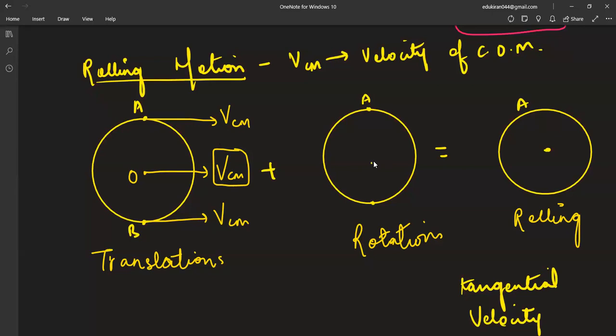Coming to rotation, O is a fixed rigid axis. Let's say R is the radius. At O is the axis. So like this, rotation occurs with a certain velocity. When we talk about this velocity, remember it is the tangential velocity. Can anyone tell me the formula of tangential velocity? Velocity was tangent. I hope you people are remembering it. This is the velocity of the center of mass, which is translating.